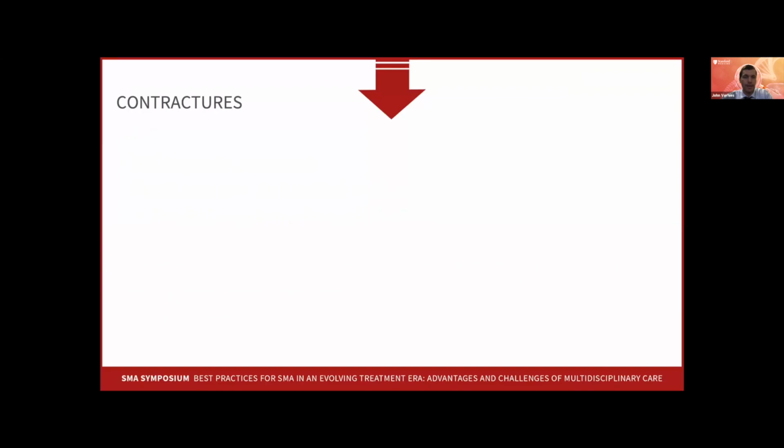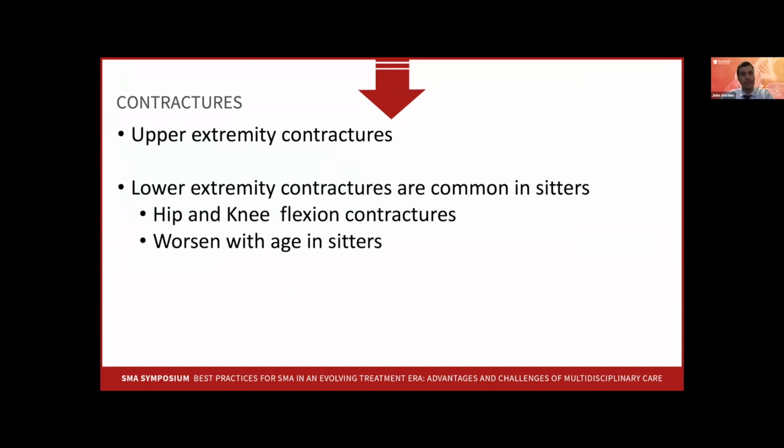Contractures. Contractures are common in these patients, as you know. Upper extremity contractures, usually adduction contractures of the shoulders, flexion contractures of the elbow, and occasionally the wrist. And then lower extremity contractures are also common. Hip and knee flexion contractures in the sitting position.